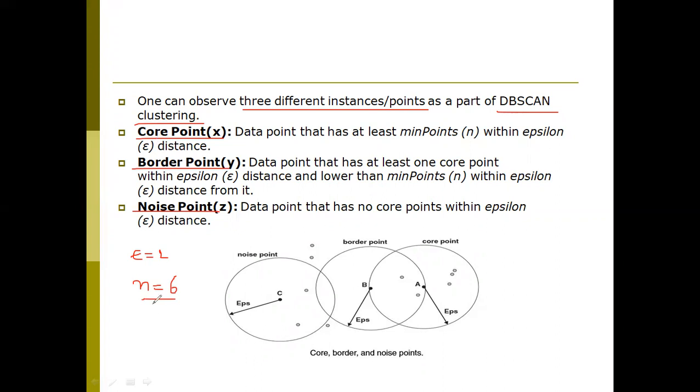Now I have assigned n equal to 6. What is n here? The minimum number of points within a cluster. If a cluster is called a core cluster, then that cluster must have a minimum of 6 data points, or more is also allowed, but not less than that.